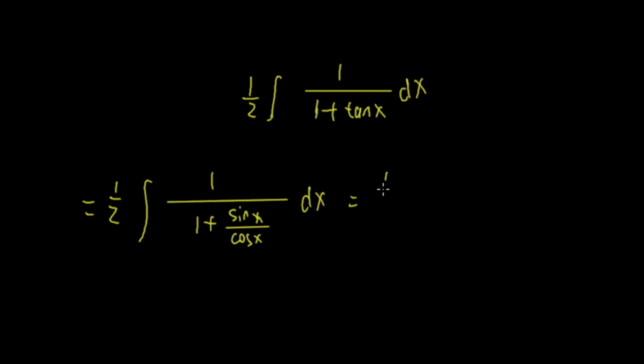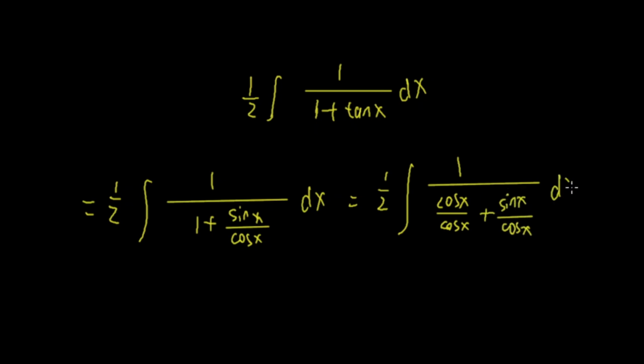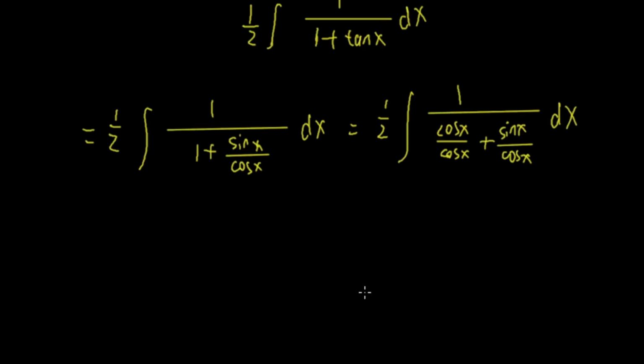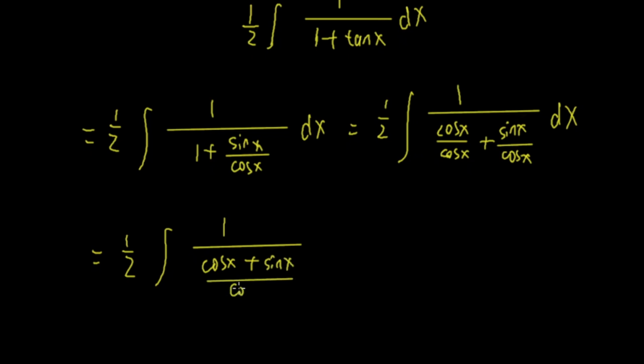That's the same as 1/2 integral of 1 over cosine x over cosine x plus sine x over cosine x dx. This is the same as 1/2 integral of 1 over cosine x plus sine x, all divided by cosine x dx.